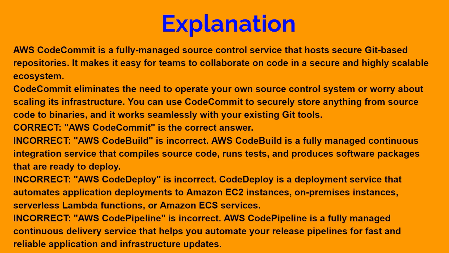CodeDeploy is a deployment service that automates application deployments to Amazon EC2 instances, on-premises instances, serverless Lambda functions, or Amazon ECS services. Incorrect. AWS CodePipeline is incorrect. AWS CodePipeline is a fully managed continuous delivery service that helps you automate your release pipelines for fast and reliable application and infrastructure updates.